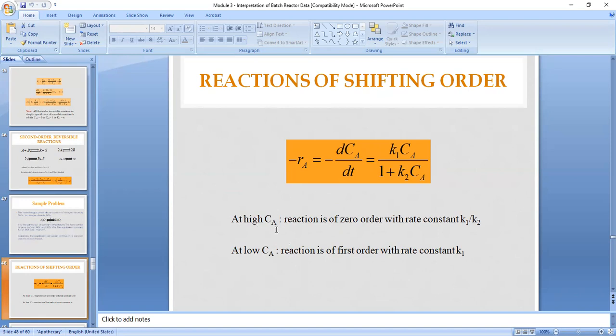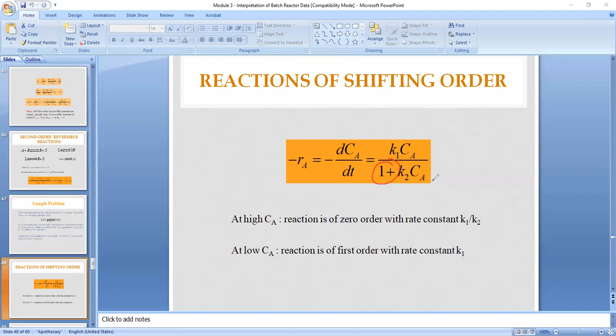Now, at high concentration of A, so that's C sub A, the reaction is zero order with rate constant equal to K sub 1 over K sub 2. Now, how is that? If C sub A is very high, it's just like in your denominator, you don't have the 1 existing anymore. It's just like out of the picture already. Why? Because 1 is very small compared to K sub 2 C sub A, which could be very high. So its presence there is negligible.